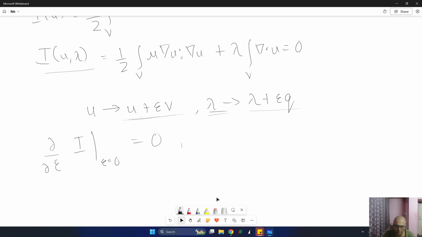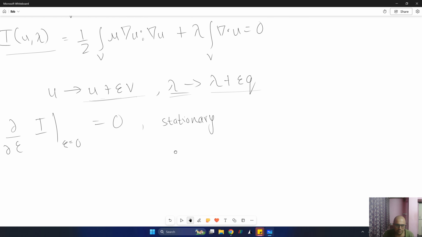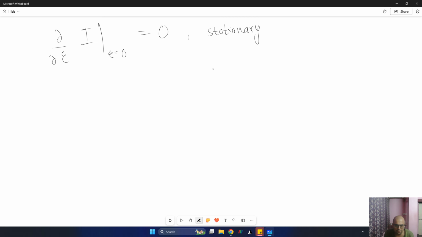So once we do that, we'll get a stationary solution by solving this min-max kind of problem. Maybe I'll not show the entire thing, but let me just show what's happening here.